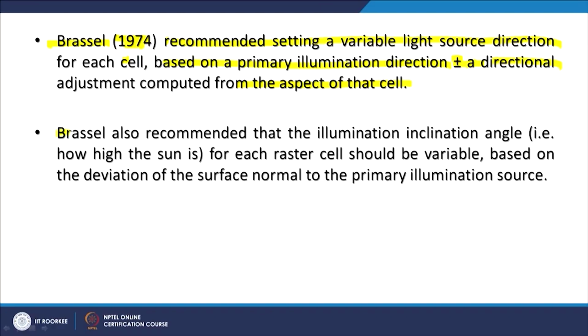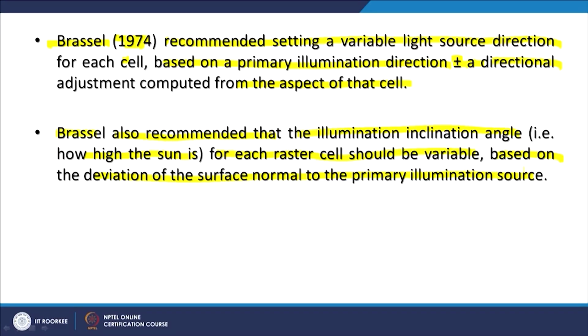Now, this scientist Brassel also recommended that the illumination inclination angle, that is how high the sun is for each raster cell, should be variable. So, not only the direction, but the elevation of the sun between 0 to 90 degrees should also vary based on the derivation of the surface normal to the primary illumination source.